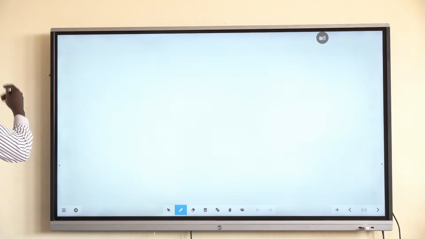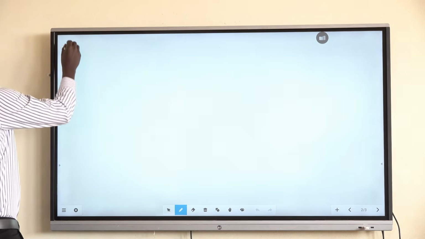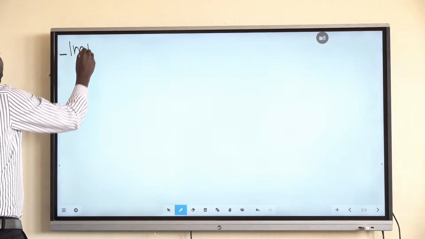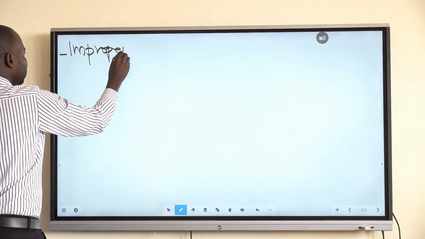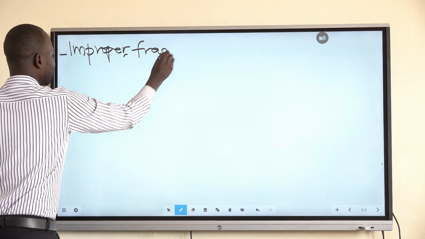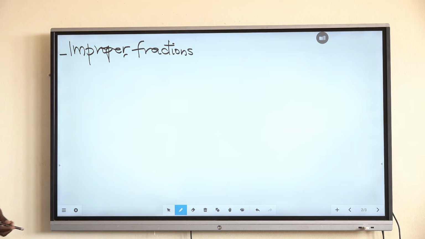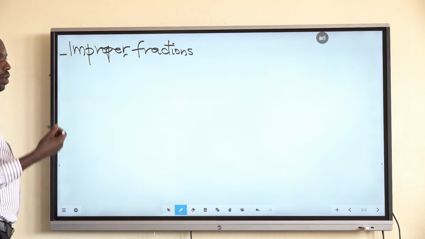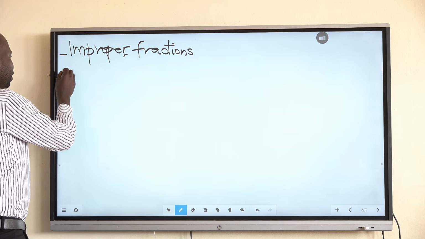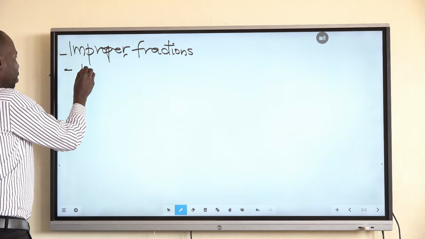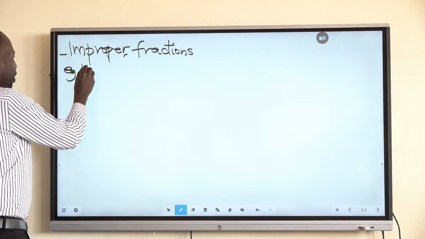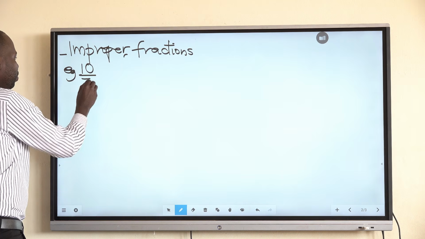Another type of fraction is improper fraction. Under improper fractions, you can say this is a type of fraction where the numerator, the upper number, is bigger than the denominator.